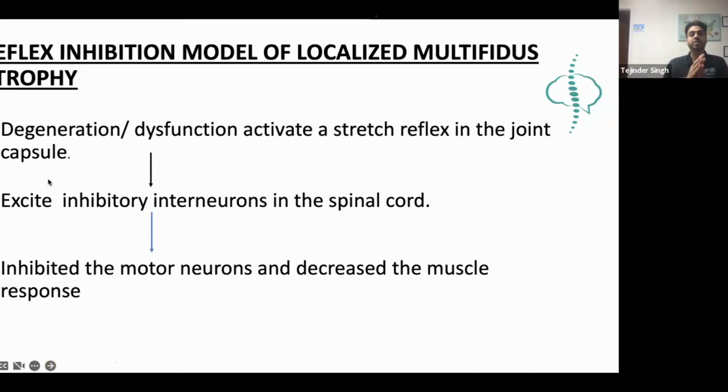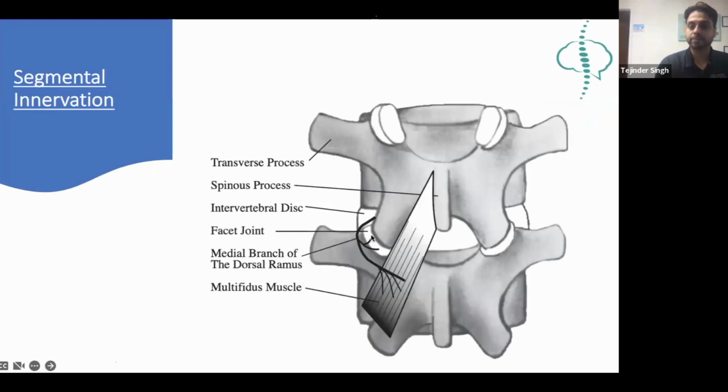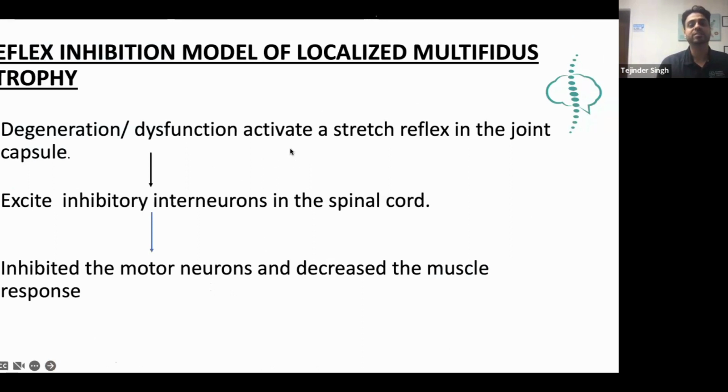What is happening is degeneration is happening at a facet joint somewhere here, and this degeneration creates a stretch reflex in the capsule, thus activating the inhibitory interneuron. This is a first order neuron, this is a second order neuron, and then this inhibits the motor neuron, which is a third order neuron. And then the muscle becomes atrophied.